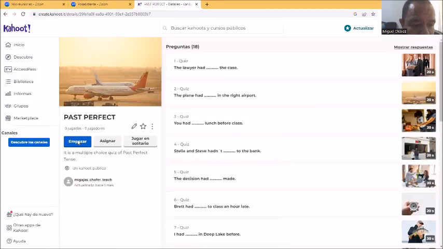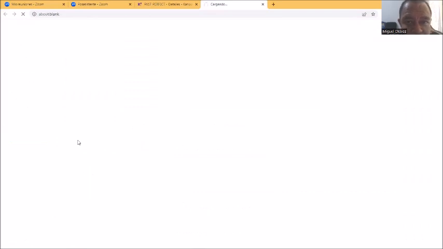Let's start with our Kahoot game to put in practice this structure.